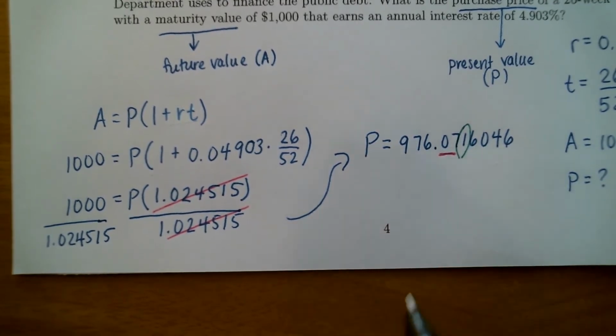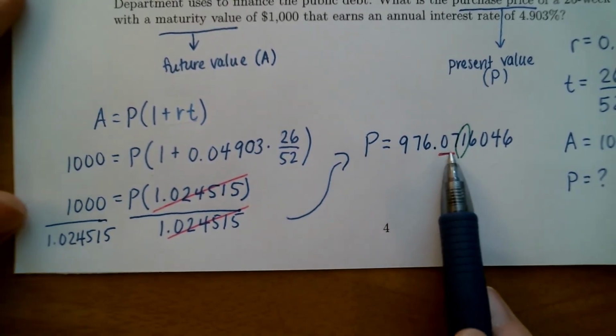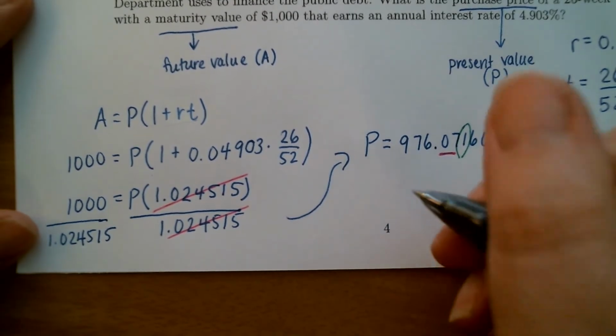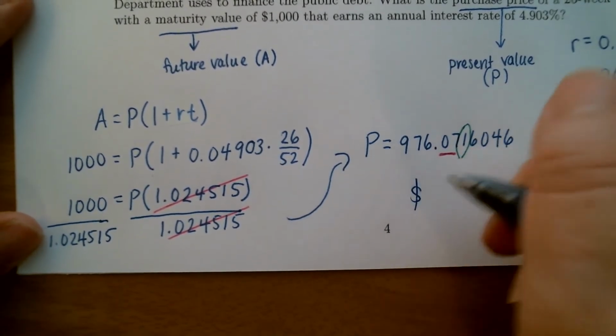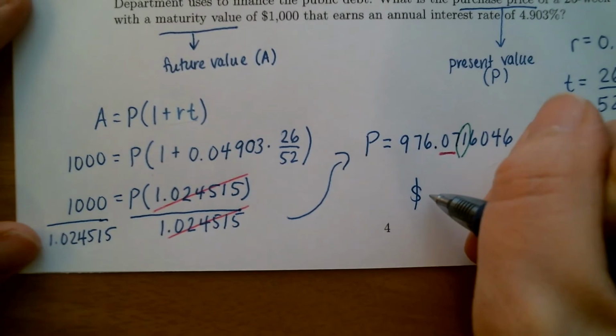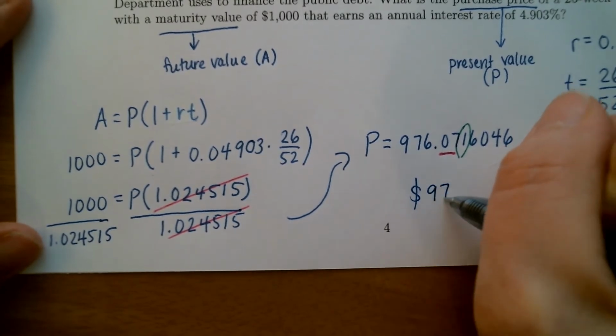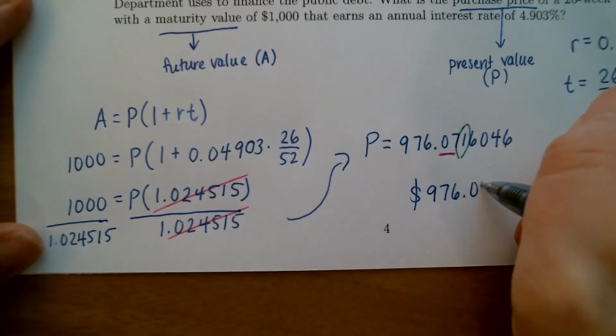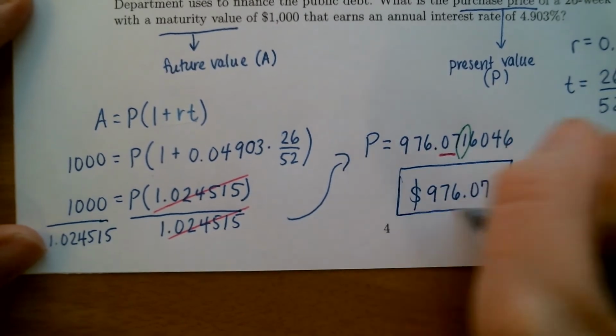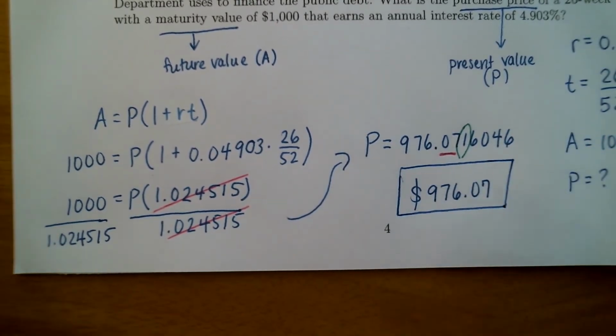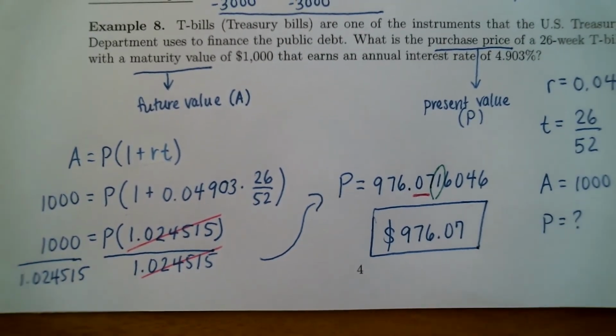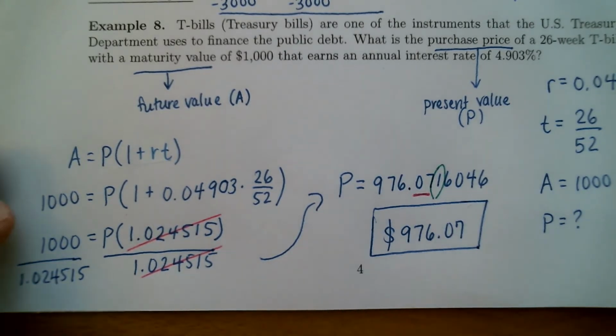Since this is a 1, we're going to stay with 7 cents instead of rounding up. So our answer, the purchase price of this T-bill, is going to be $976.07. Given the interest rate and the timing, the 26-week T-bill matured to a value of $1,000. So that's your answer. It makes sense. It should be less than $1,000.